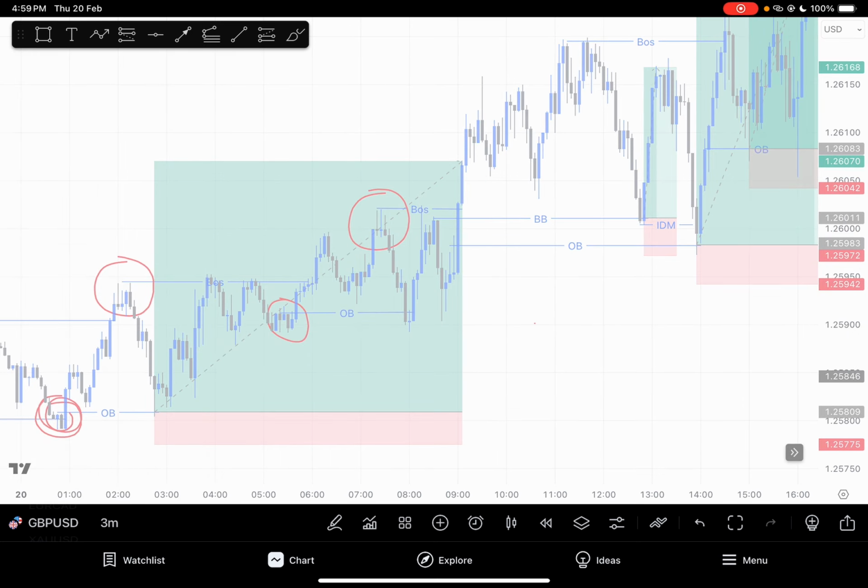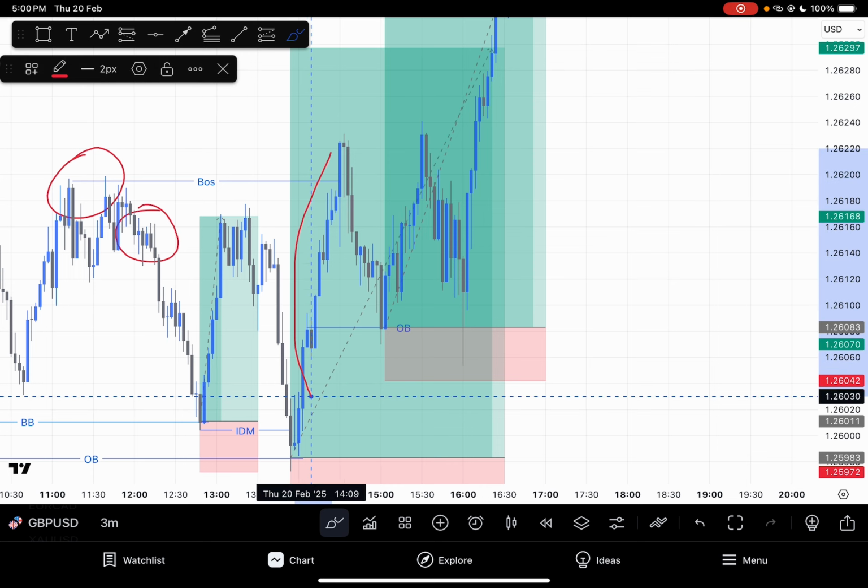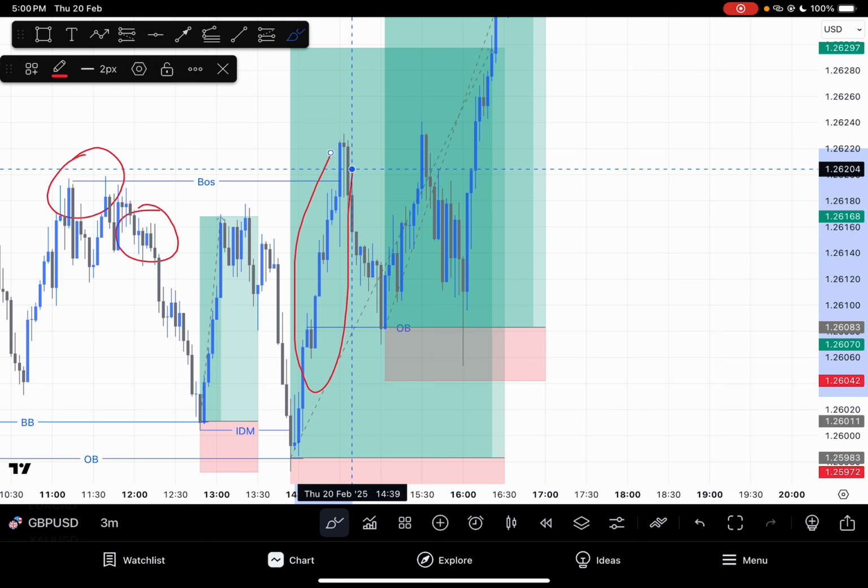This is the order block. If you trace the line back, this OB, you see price immediately tapped on it, pushed to the upside again and took out this previous high, creating another break of structure. After price created that break of structure, you look for another order block or breaker block. If you look at this line here, you will see there's an order block there.